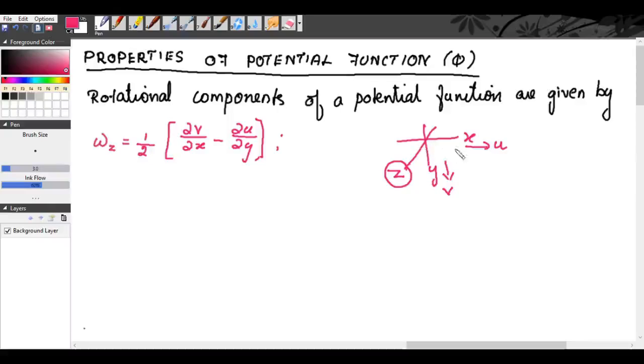So the rate of change of u with respect to y is dou u by dou y. The change of v with respect to x is dou v by dou x. That is, the change of the velocity component in y direction with respect to x direction.